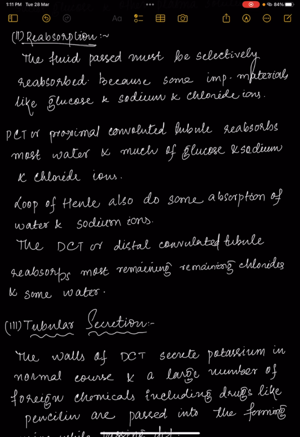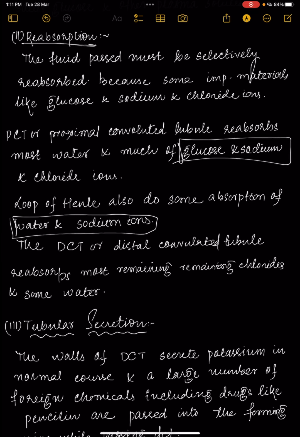Then the U-shaped part which lies in the medulla, the loop of Henle, also does some absorption of water and sodium ions. We have to remember that the PCT absorbs glucose, sodium and chloride ions, and the loop of Henle absorbs some of the water and sodium ions.